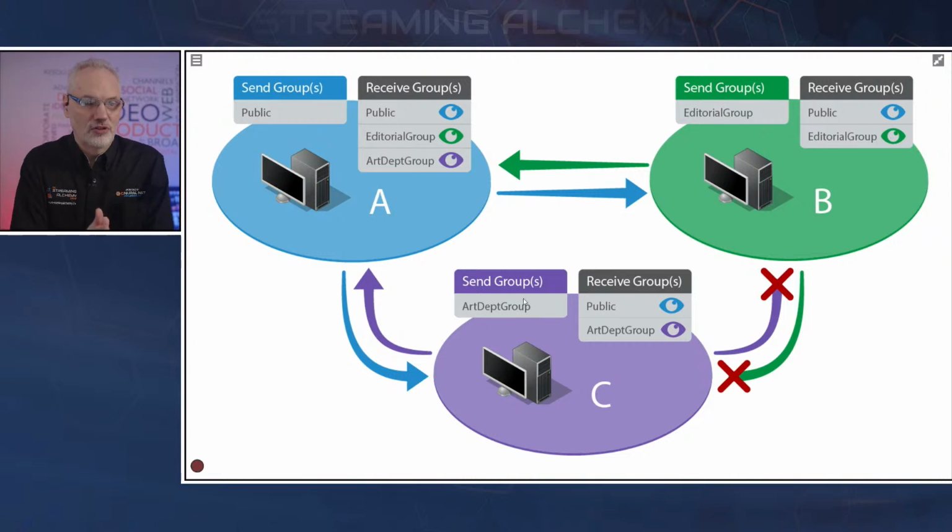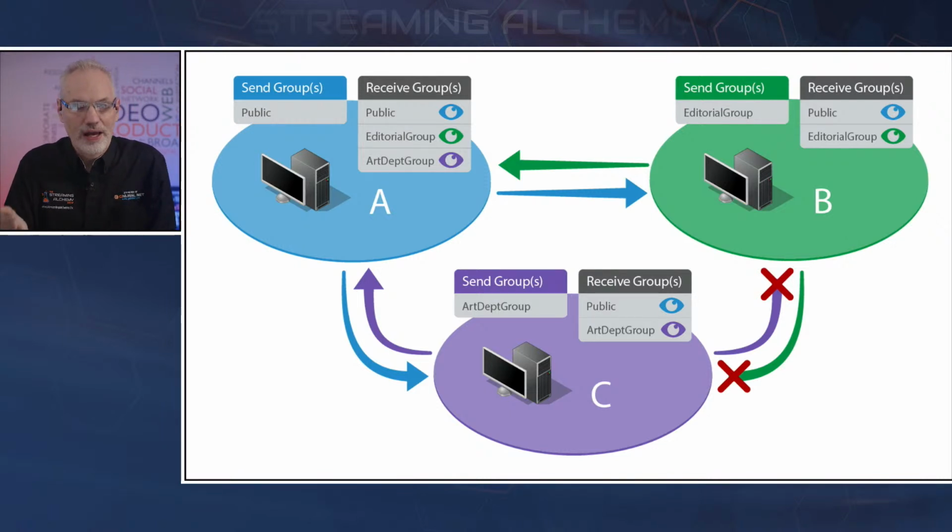And that gives you the first view to this. Right now, everybody can see what is sent out by group A, but only people that are actually subscribed to art department group on the receive group or the editorial group on the receive group will see their feeds.